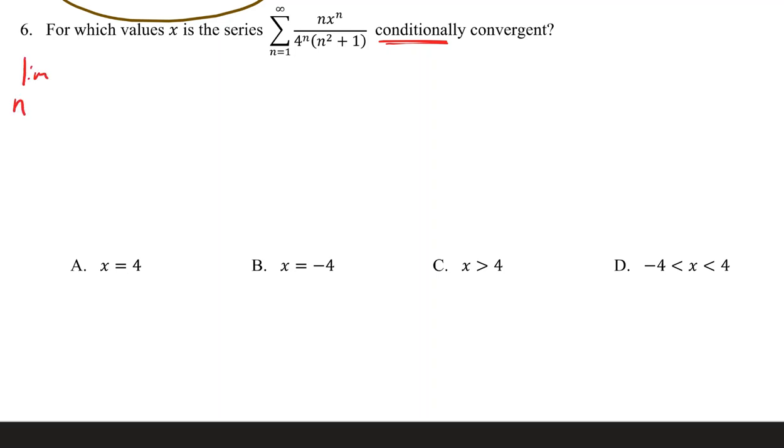So I'm going to do the limit as n goes to infinity of the absolute value of n plus 1. And I'm going to go ahead and just split that up. X to the n plus 1 is like x to the n times x to the first. Same down here. 4 to the n plus 1 would be 4 to the n times 4 to the first.